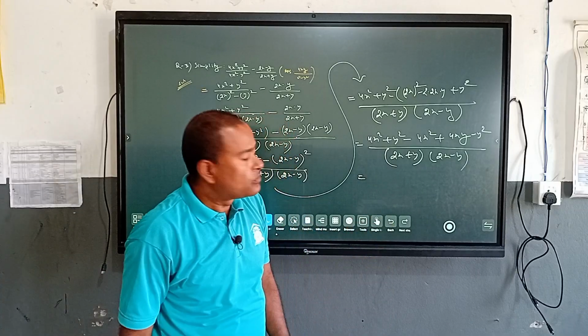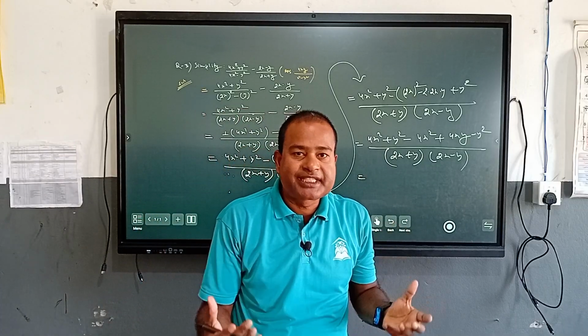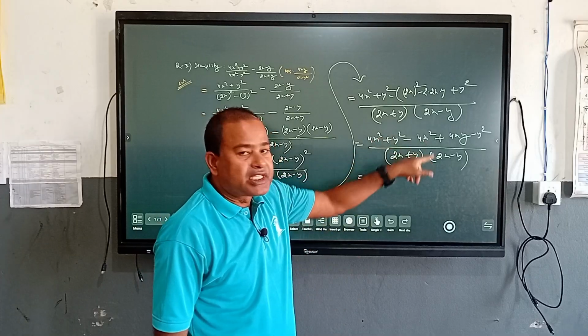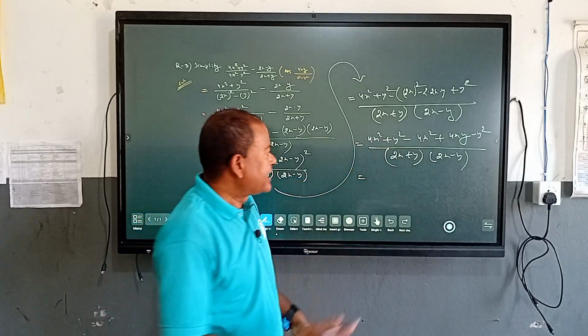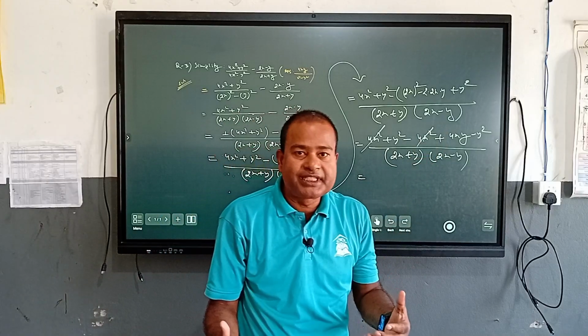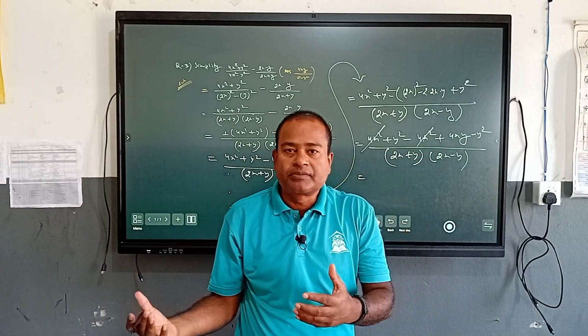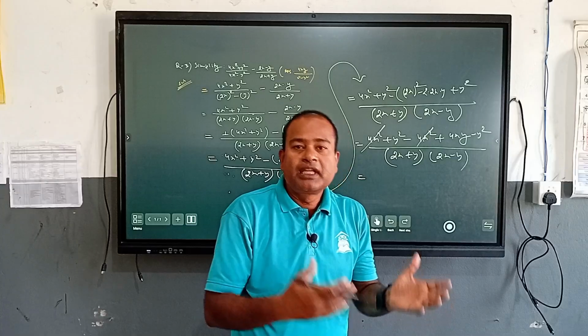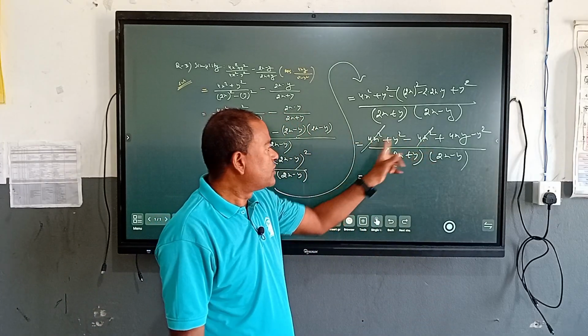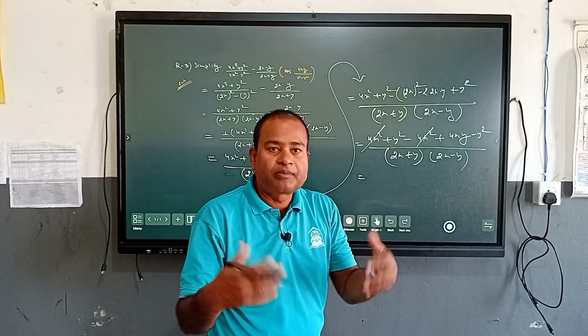So dear students, now we are almost in the last step of the simplification. 4x square and minus 4x square we can cancel because they are equal and opposite in sign. So if any two terms are equal and opposite in sign, then we can cancel, because 4x square minus 4x square, we get 4 minus 4, 0.